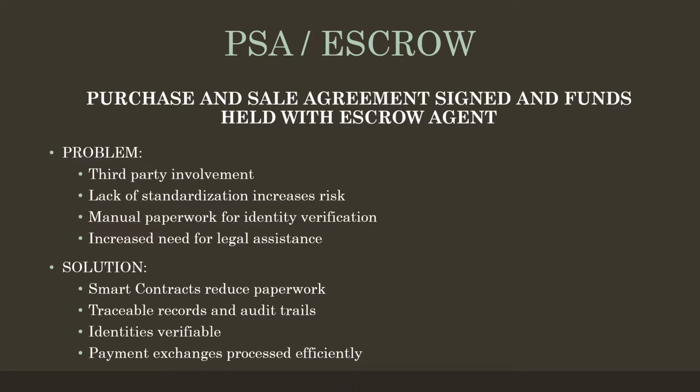Deposits are held in escrow to be released when all the terms are met and the settlement is finalized. Occasionally, the escrow and title agent are the same. Lack of standardization allows for creative deal structures, but also increases risk for both parties. Manual paperwork is relied upon for identity verification. Due to the complexity of most transactions, legal counsel is obtained and can be very costly.